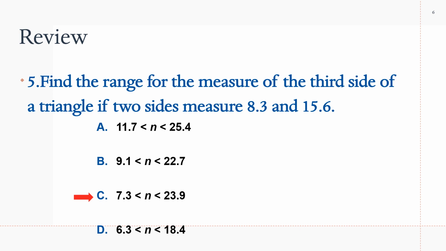The third side is between 7.8, which is less than n, and n is less than 23.9. So what you have to do is add the two to get the third side.